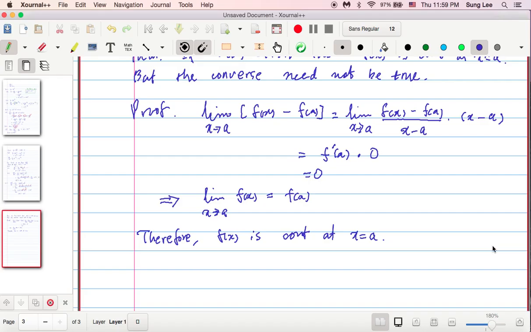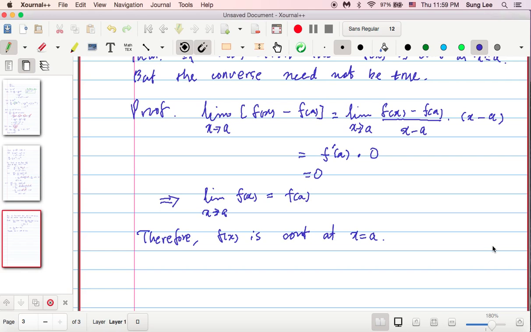Now we need to show that the converse need not be true. So it could be true, but it doesn't have to be, right? In certain cases it may be true, in certain cases it isn't. So how do we show something like this? Well, in this case, you just need to show one counterexample for the converse, right?